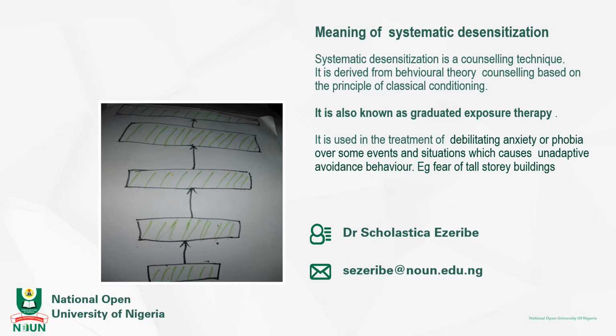Today, we are looking at this counseling technique called systematic desensitization. It is derived from the behavioral counseling theory based on the principle of classical conditioning. It is also known as graduated exposure therapy. So, when you hear about graduated exposure therapy, you know that we are talking about systematic desensitization.